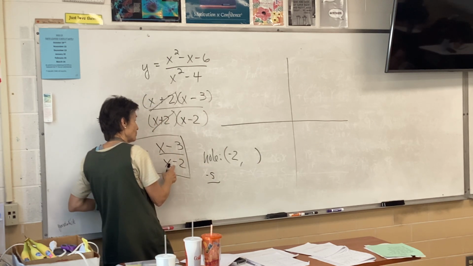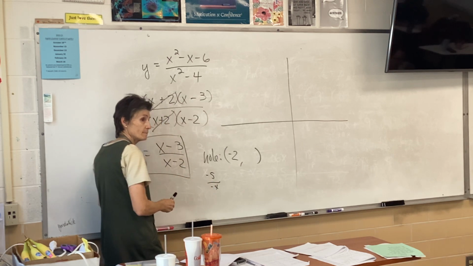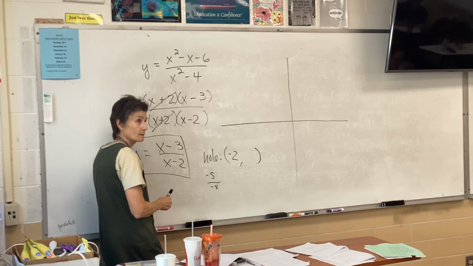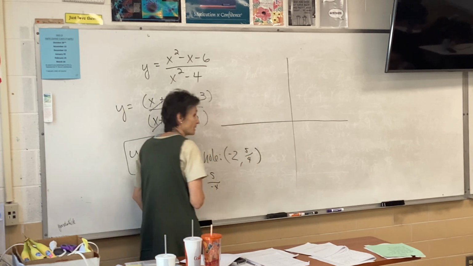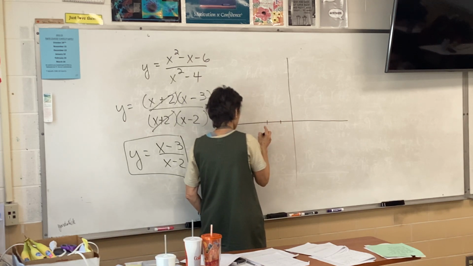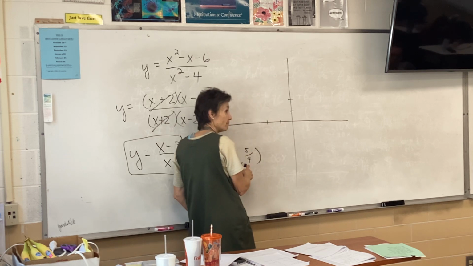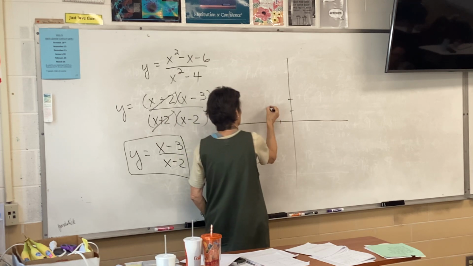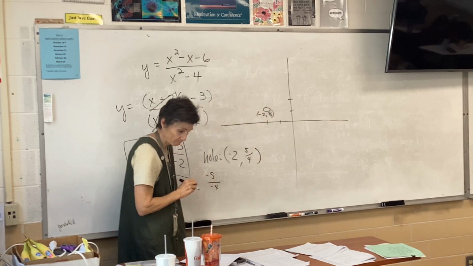And -2 minus 2 is -4. So those negatives cancel, that makes 5/4. So on my graph, I'm gonna find where x is -2 and y is 1 1/4. And there it is. And we'll label it.